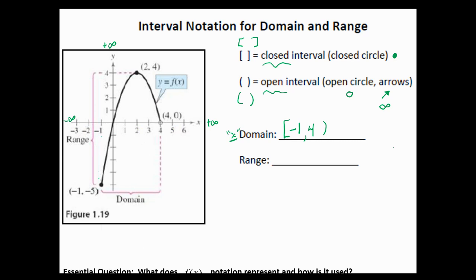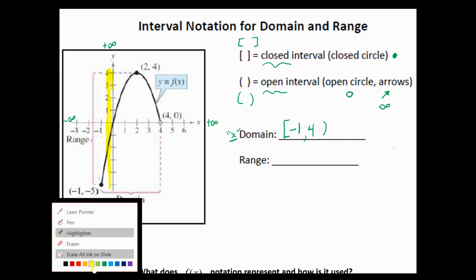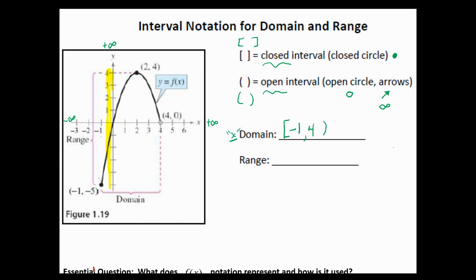Okay. Then we're going to look at the range, which is the y value numbers. So your range is your y value. So you want to look at how low something is. So this goes down to -5. That's also a closed dot, so it's a bracket.